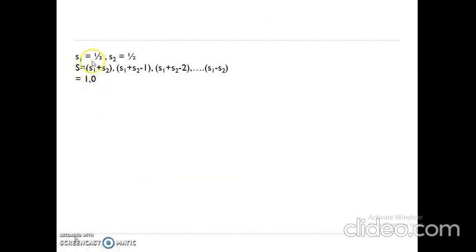Now, for the first electron, s is half. For the second electron also, s is half. So total S will be s1+s2 up to s1-s2. That is half plus half up to half minus half. That is 1 and 0. Now if S equals 1, then multiplicity will be 2S+1, that is 3. If S equals 0, then multiplicity will be 1.